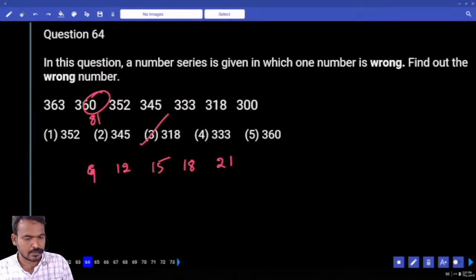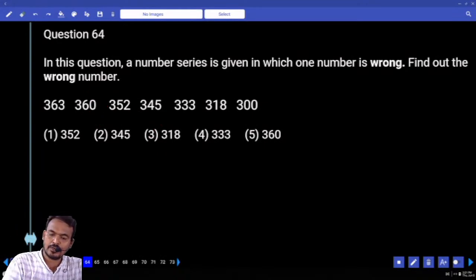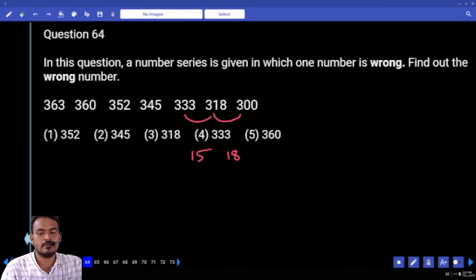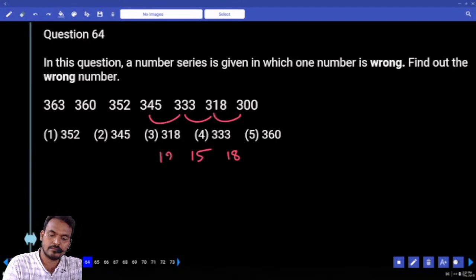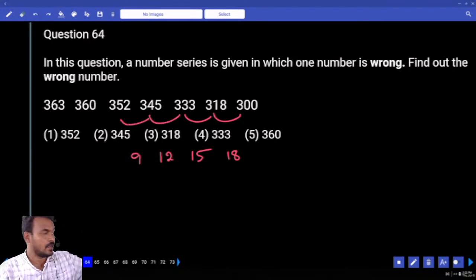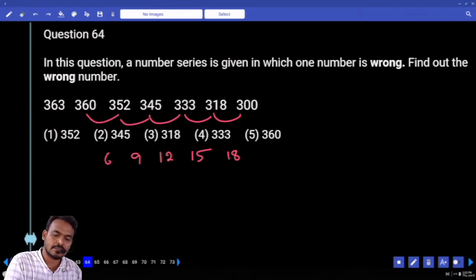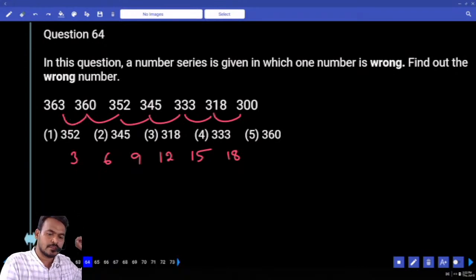Next question number 64. What is the last one difference? 18. Last 2 second, 15. Next, and here 12. Obviously 18, 15, 12 means next one 9 difference, and here 6, and here 3. 363 minus 3, 360.